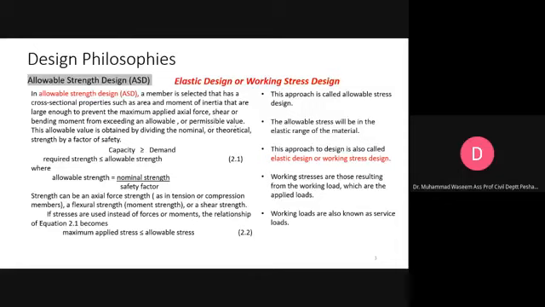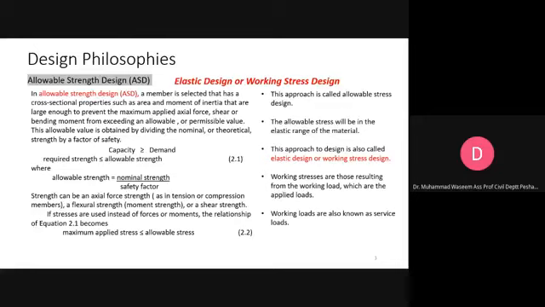The applied loads can be axial forces, shear forces, or bending moments. These forces will produce effects in the member, which can be axial stresses, shear stresses, and bending stresses.